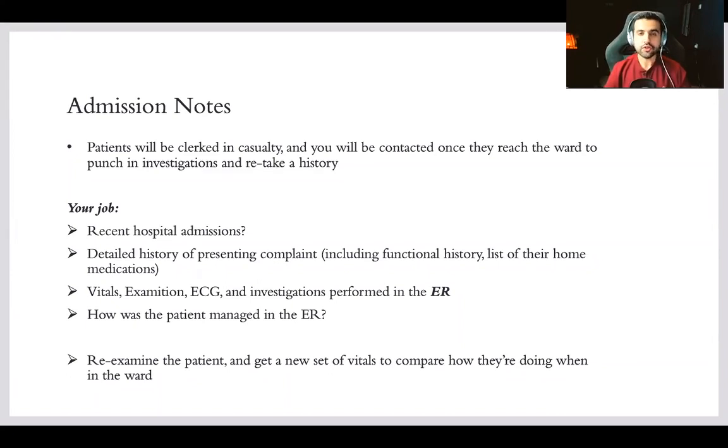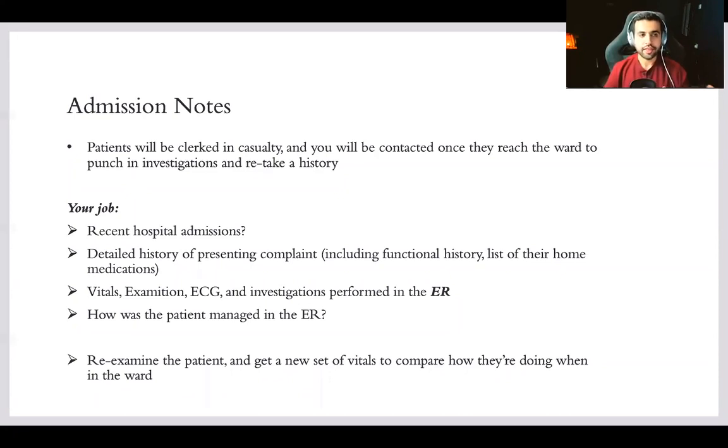You also want to add in if there is any recent hospital admissions or ER visits as well. This will paint a picture of if there is something going on with the patient before they came in. And then after that, you go in with your detailed history.